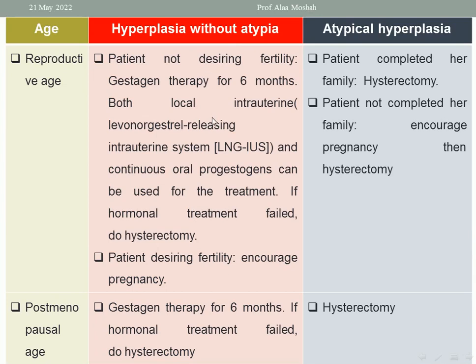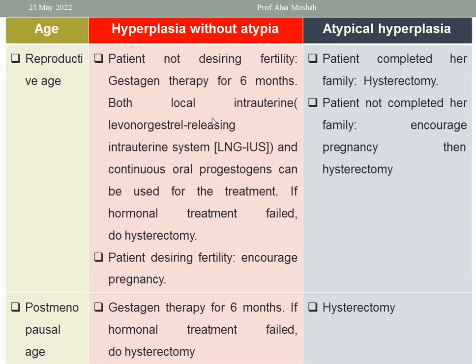We can give her gestagen therapy for 6 months, through oral gestagen or an intrauterine levonorgestrel-releasing system, like Mirena, releasing a small amount of progestogen every day, suppressing or antagonizing the effect of estrogen on the endometrium.